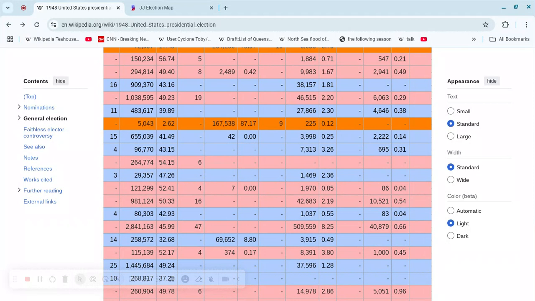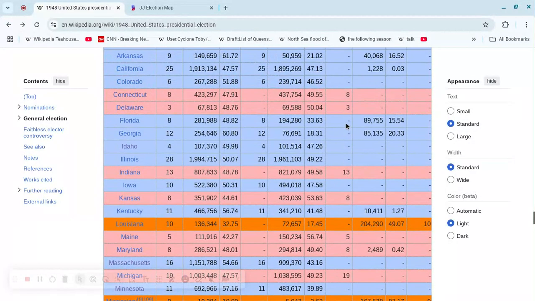And I know this is complicated, but seeing how much of a landslide this could have been if the Democratic Party wasn't split three ways will probably tell us a bit more as to why they had a congressional elections landslide in 48. So let's start.